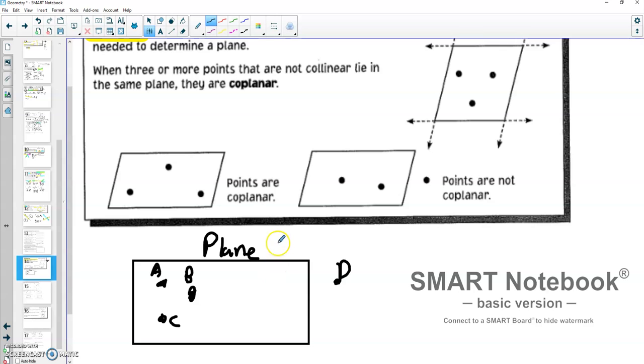It'll say like plane F. So A, B, C are coplanar on plane F, meaning all these points are on the same plane. D is not on the same plane. So we could say A, B, C are on the plane, but D, no, he's not.